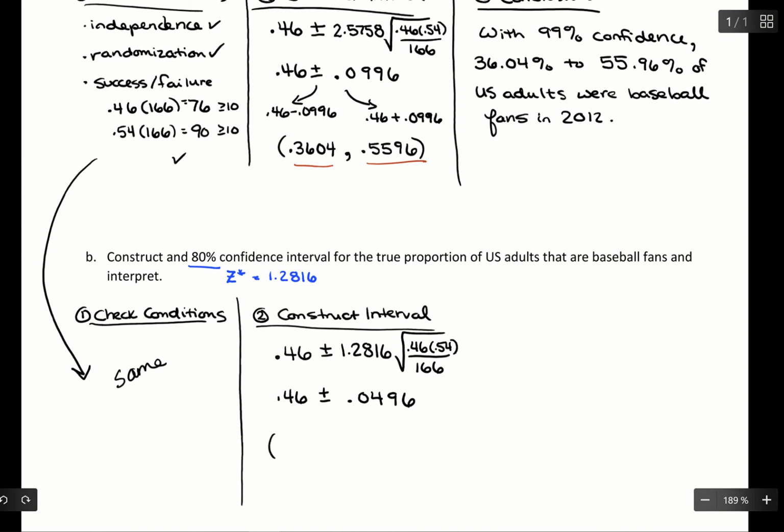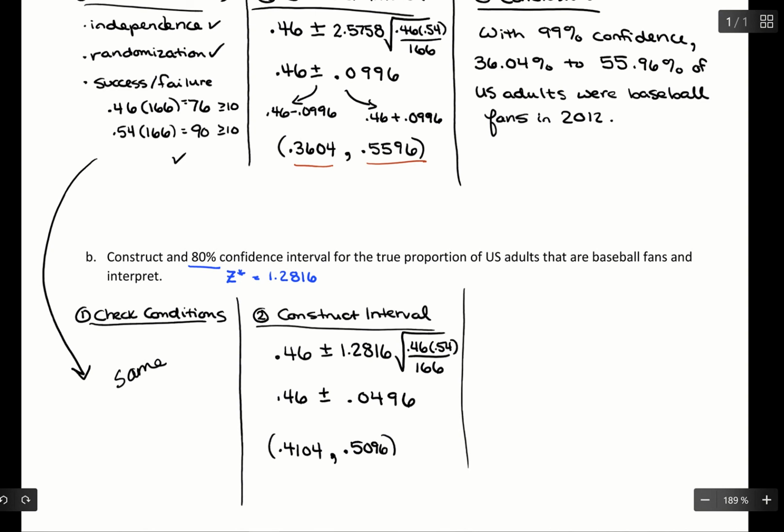So we're going to split into the subtraction and the addition. If we take 0.46 minus 0.0496, we'll have 0.4104. And if we take the addition between those two values, we'll get an upper bound of 0.5096.